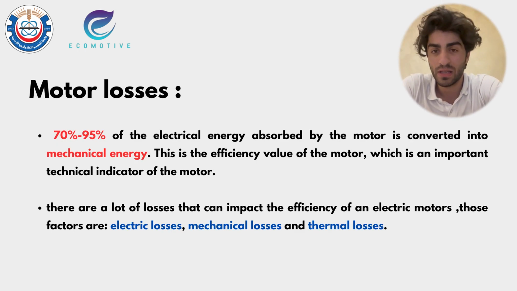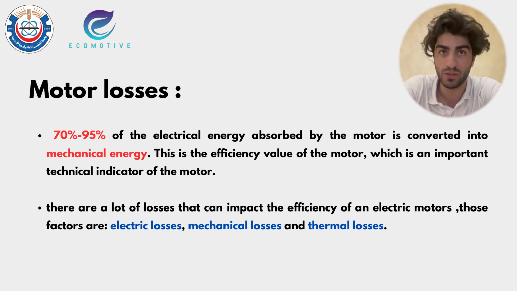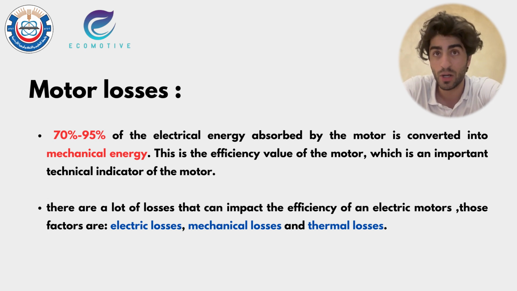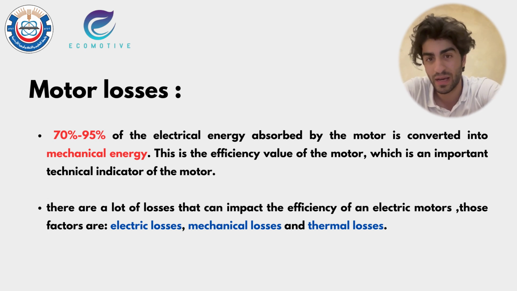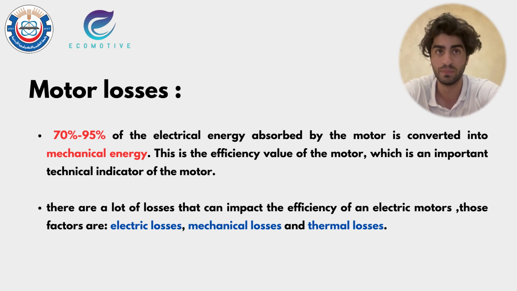Motor losses. 70% to 95% of the electrical energy absorbed by the motor is converted into mechanical energy, the energy that we desire and really want. As my colleague Layth has explained the meaning of efficiency, this is the efficiency value of the motor, an important technical indicator of the motor.